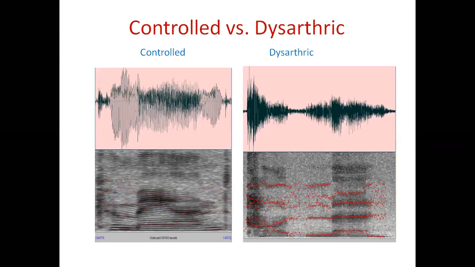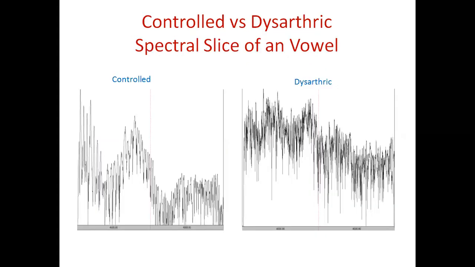Whatever I showed here was the time frequency representation, and this is the spectral domain. That means frequency representation, where the x-axis is frequency and the y-axis is amplitude. Here on the left side we have plotted the spectrum of a vowel from a control speaker. Here the same thing is from a dysarthric speaker.